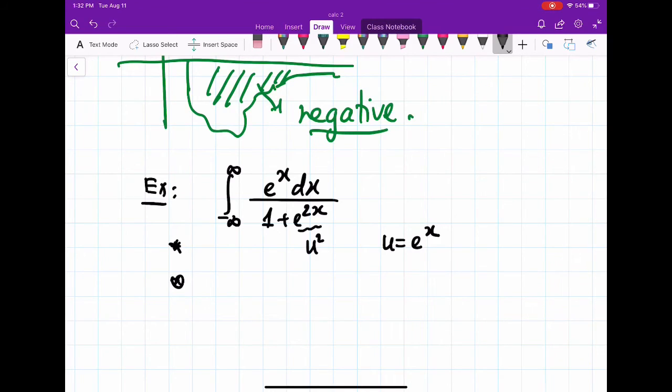So that is why, at negative infinity and positive infinity, the integral is just a finite number. It converges, there's no way to diverge. That is my guess. If you want, you might prove it.